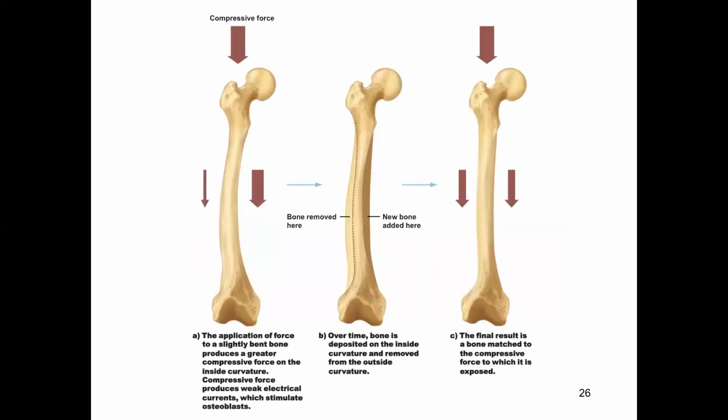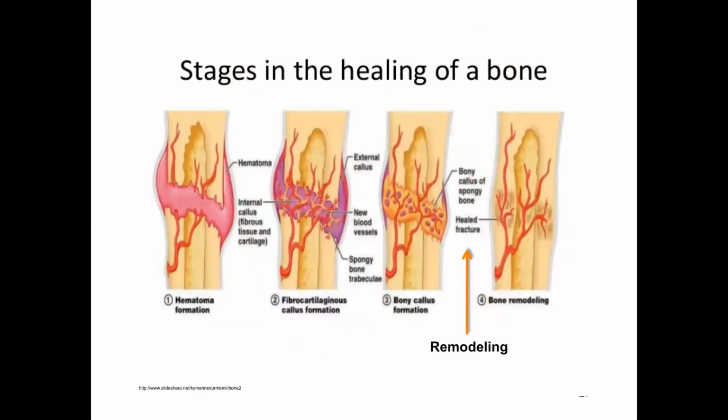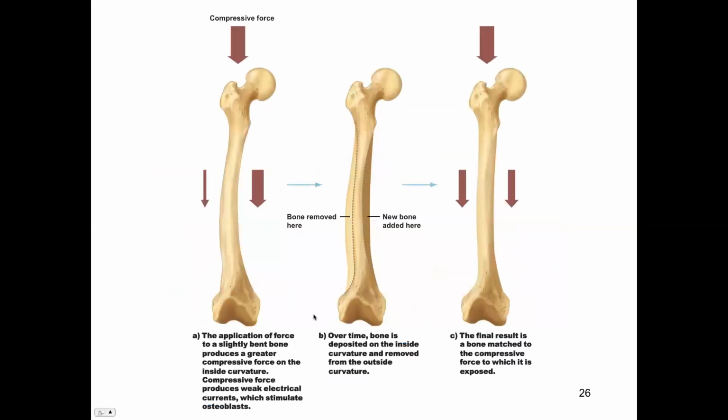All right, the thing I wanted to stress here in terms of remodeling as an example is that as the bone develops, and say you start taking up a type of exercise and you're changing the stresses on the bone, not overnight, but over time, it will remodel itself to equalize the pressures across the bone, because the bone doesn't want to break.